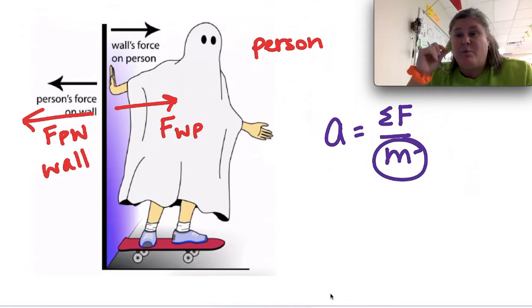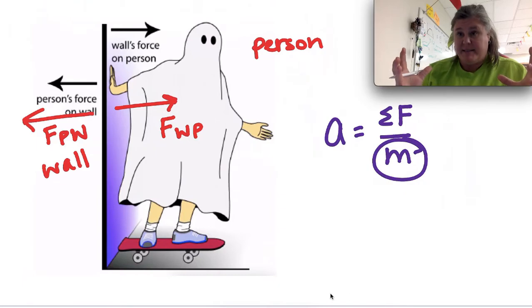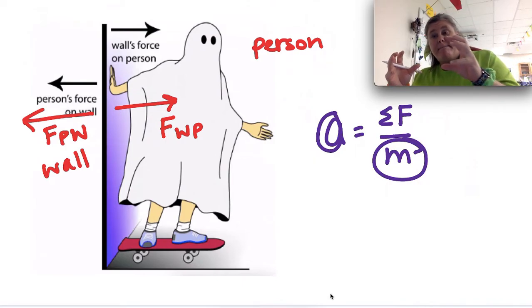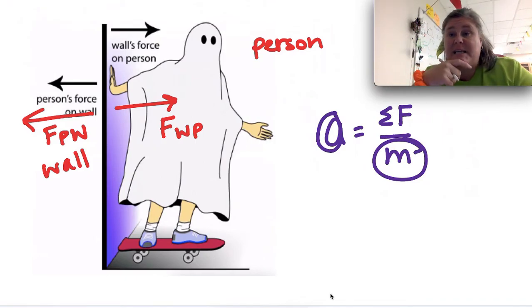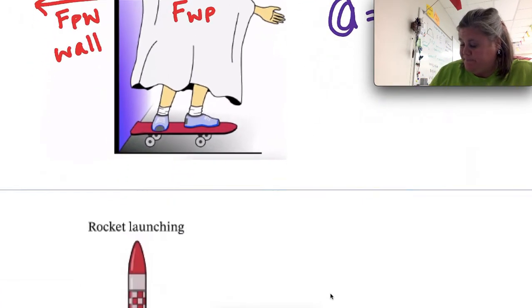But the person and the wall don't have the same mass. The wall is attached to the earth, which has a large mass. So we wouldn't expect the earth to have a big acceleration, whereas the person's mass is smaller compared to the wall or the earth's, and so we would expect it to have a bigger acceleration. But the forces are equal and opposite.